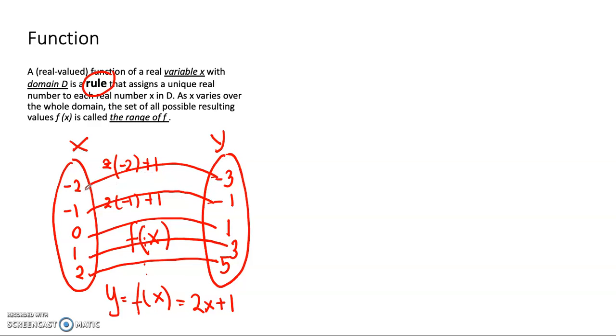So let's say that minus 2 is related to 1. That's a relation. But in function, this set of rule only gives us a one-to-one relation between x and y.